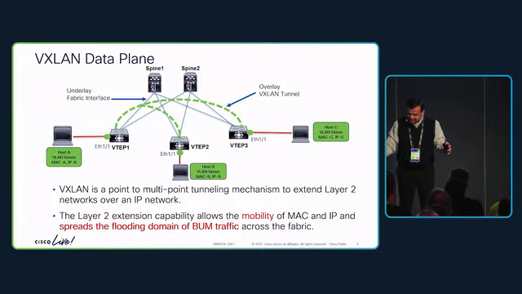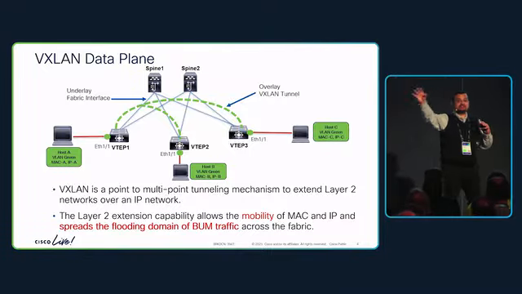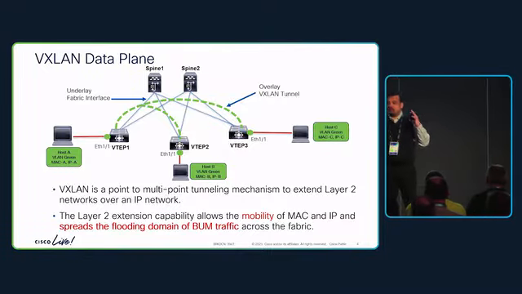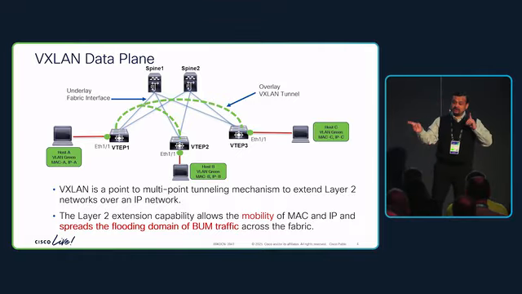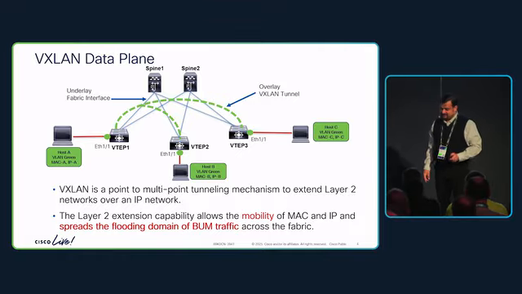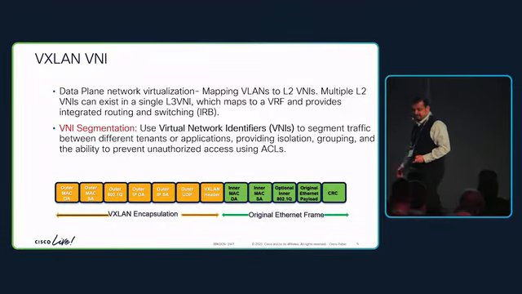It's nice that we can have host mobility, but then you have a side effect, which is you also extend your flooding domain. And we don't want floods to get out of control, especially floods with loops, right? That has a multiplier effect. So we're going to address both of those things.